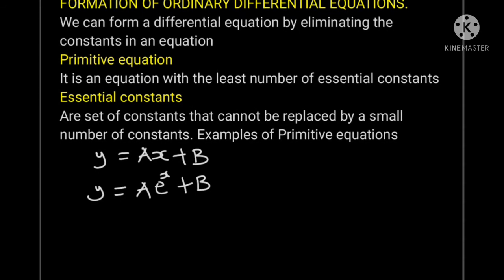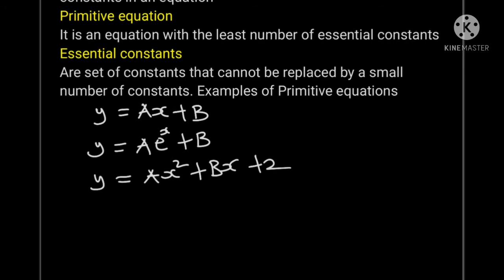This one is a primitive equation with two essential constants, a and b. Another one, y equals ax squared plus bx plus 2. This one is a primitive equation with two essential constants, a and b.